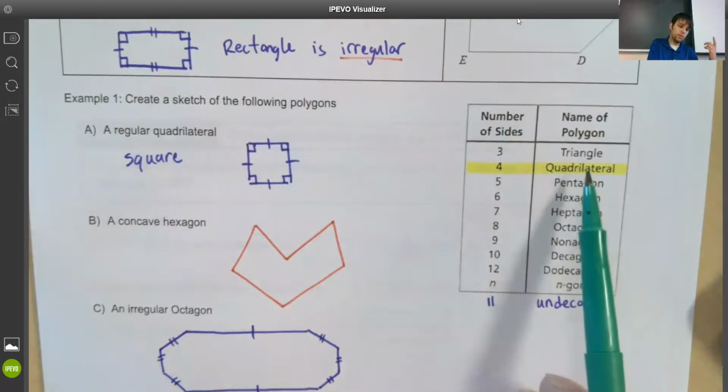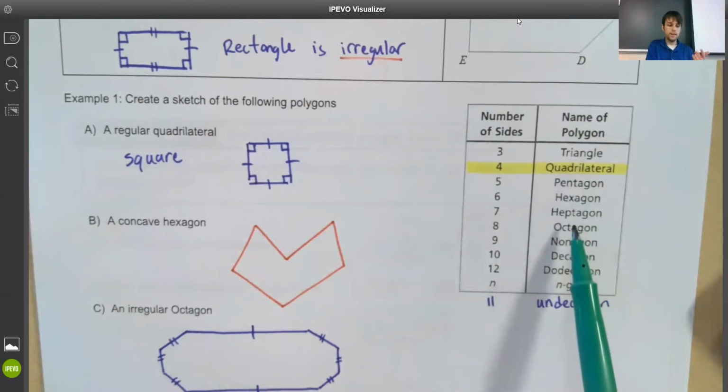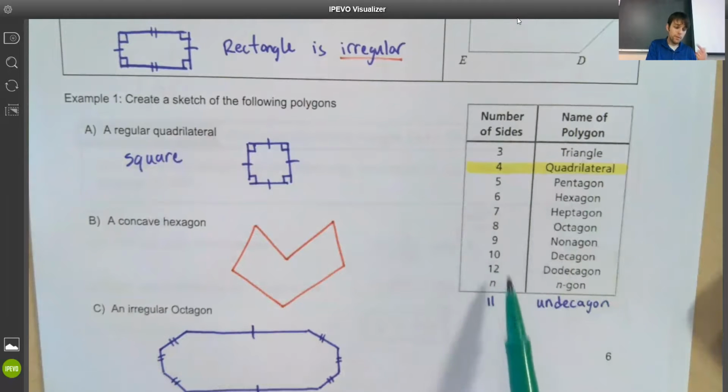So we have triangles, quadrilaterals, pentagons, hexagons, heptagons, octagons, nonagons, decagons. We skip over 11. Some people call those undecagons. A 12-sided shape is a dodecagon. And then for everything else, we're just going to use an n-gon, where n represents the number of sides. So for example, if we had a polygon with 15 sides, we'd call that a 15-gon. Kind of sad, but that's what we do.